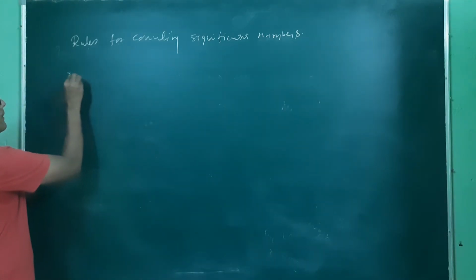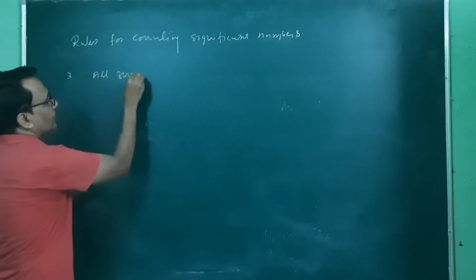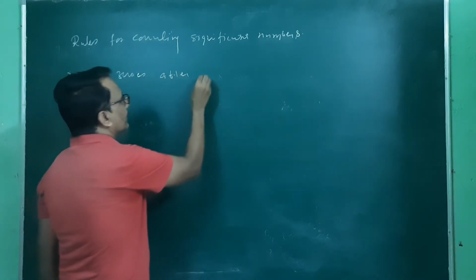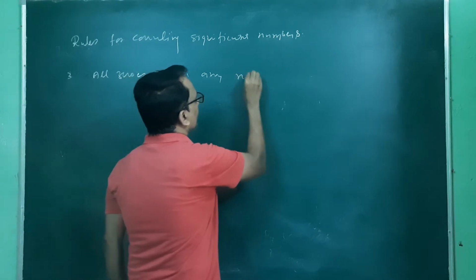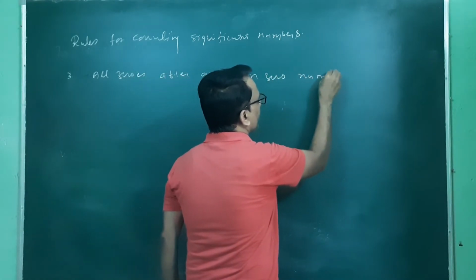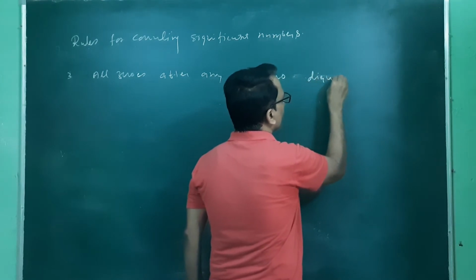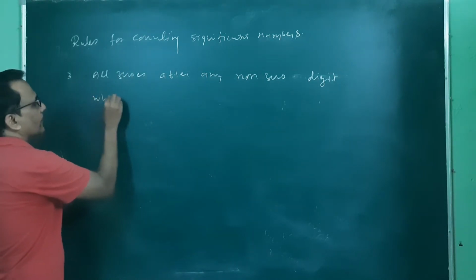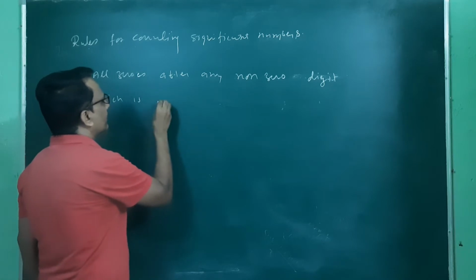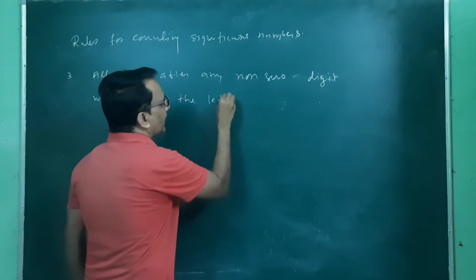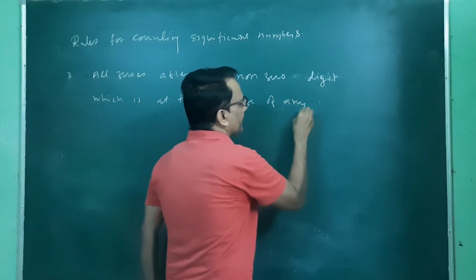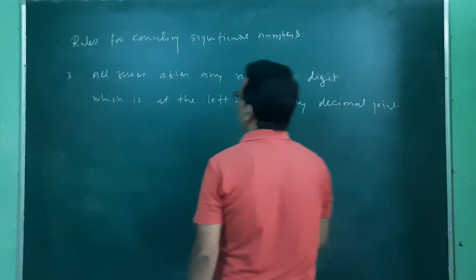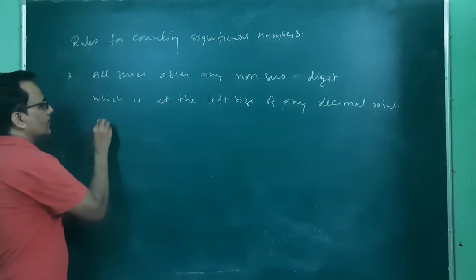Rule number 3: all zeros after any non-zero digit which are on the left side of any decimal point are significant.